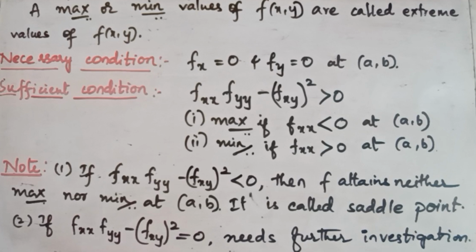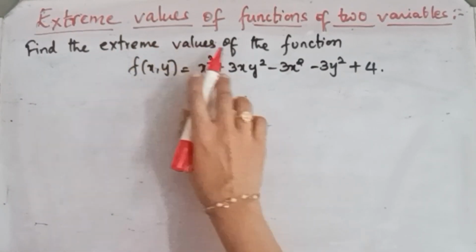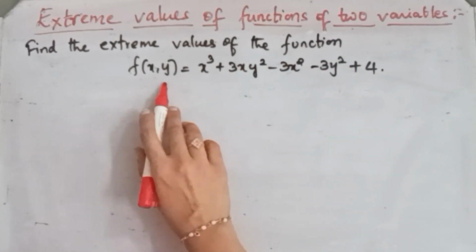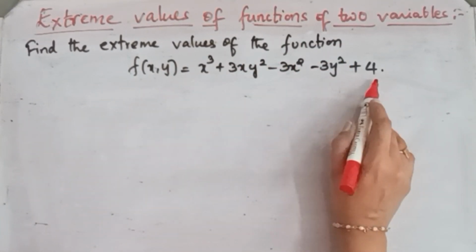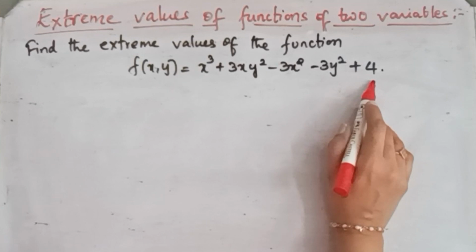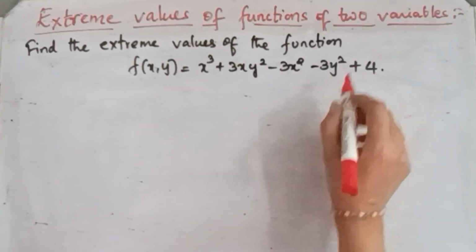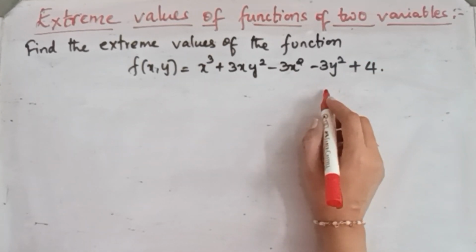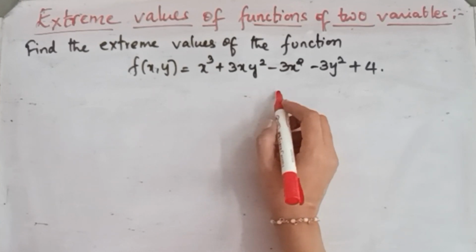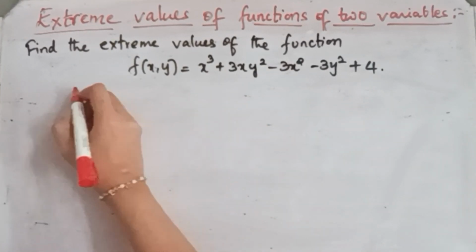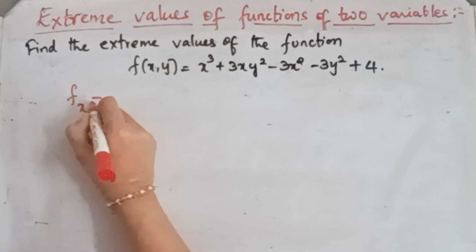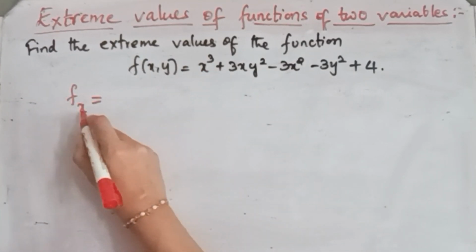Let us understand this by solving one problem. Find the extreme values of the function f(x, y) equal to this given function. To have extreme values for any function, the necessary condition is fx and fy must be equal to 0. So let us find the first partial derivative of this function with respect to x.